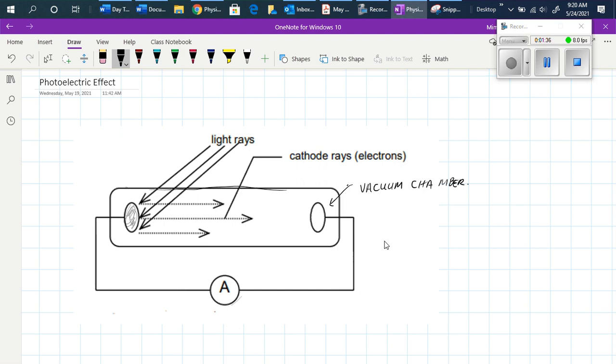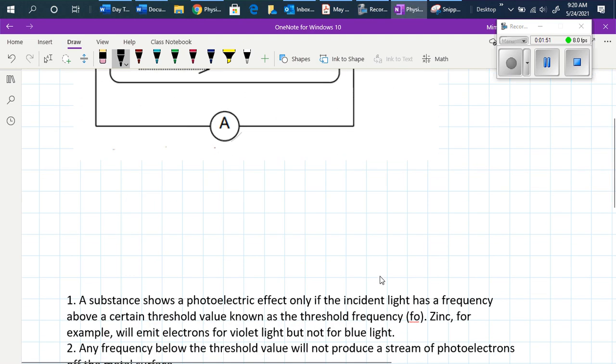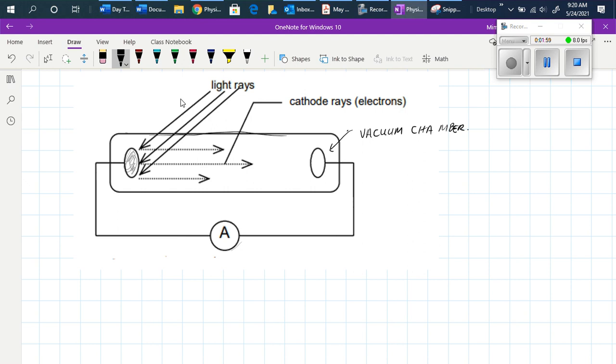So while he was studying it, he discovered some of the characteristics of the photoelectric effect. First of all, and he was amazed by this, a substance shows a photoelectric effect only if the incident ray, the light that was hitting the plate, had a unique frequency.